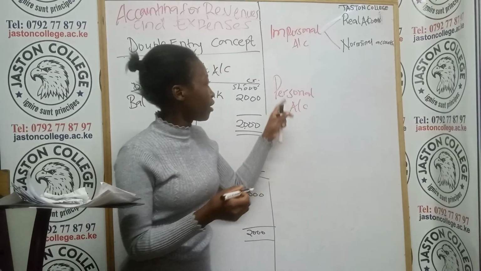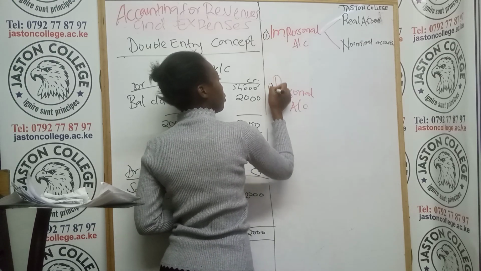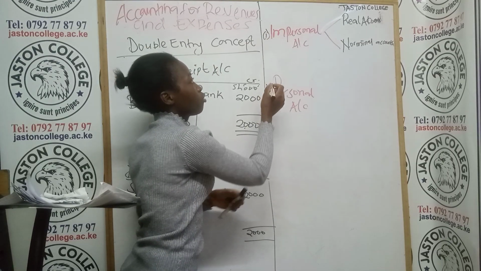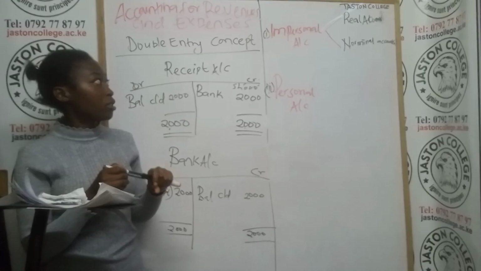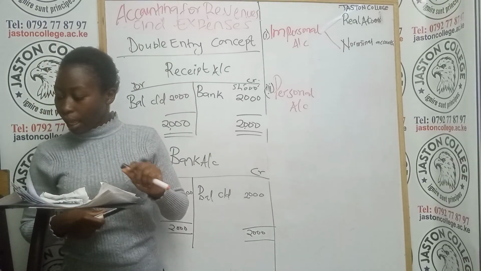And here we have the personal account. They are just two, but the impersonal account is divided into two, the real accounts and the nominal accounts.